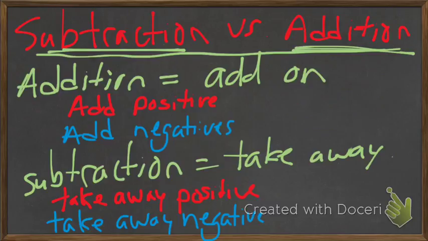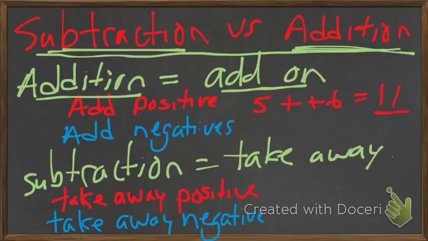So when we talk about addition, to add something, or to use the term addition, that literally means to add on. You can add on positives. For example, if I start with 5 and I add on +6, I'll end up with 11. So if I have 5 salamanders and I add 6 salamanders, that gives me 11 salamanders. The total is 11.